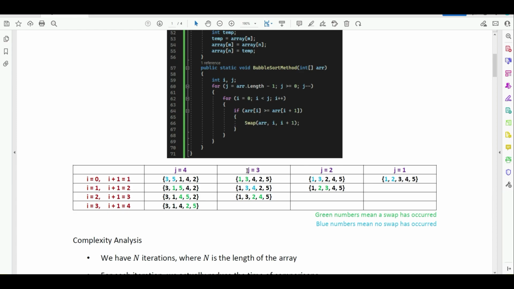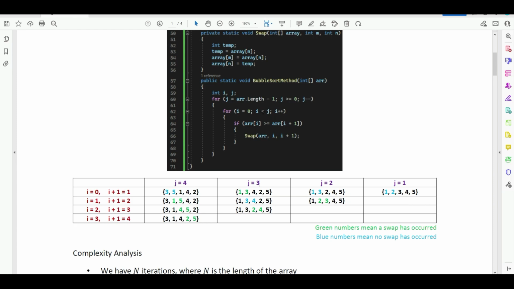Then we do another iteration here. So now we have j equals 3, and we are going only up to where I is less than j here. So now we're not going to go all the way to the end. We look at these two, the 3 and 1. 1 is less than 3, so we do the swap here.